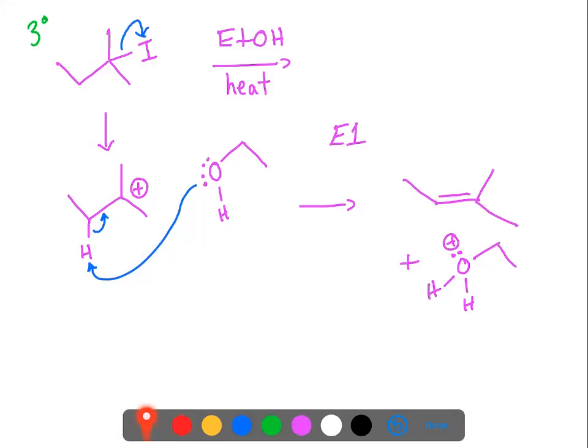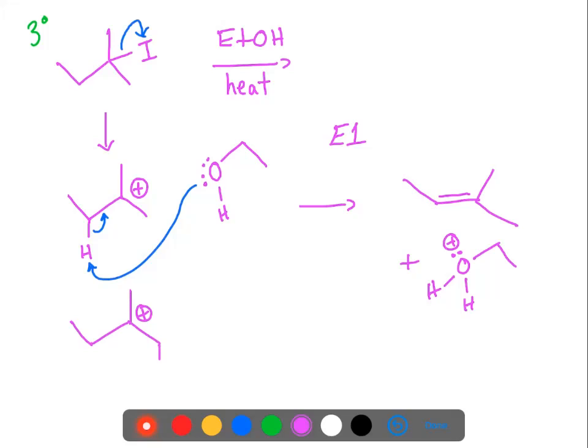It is possible that you could form the least highly substituted alkene in this example, which we would refer to as the Hofmann product. For that to form, we would have to have a proton transfer occurring from one of these two methyl groups. And so we can show that as a possibility.